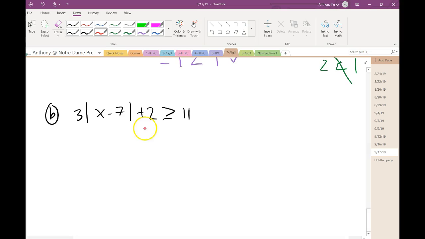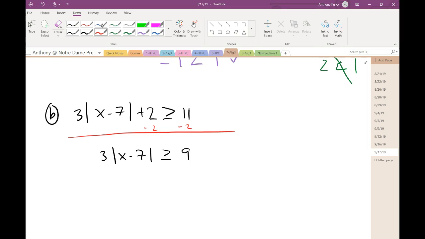Minus 2 from both sides is correct. So when I do that, I get 3 times the absolute value of x minus 7 greater than or equal to 9. Now what? Divide by 3 is correct.